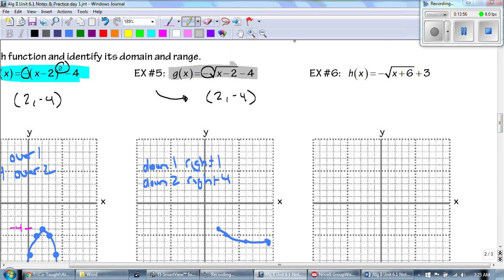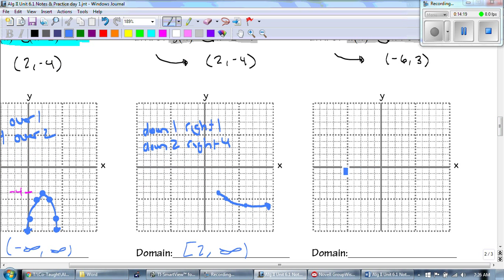So we need to look at our equation, our function. It's a square root and it's negative. So it means it's going down. I take the opposite and then the outside number stays the same. That tells me to start at -6, 3.